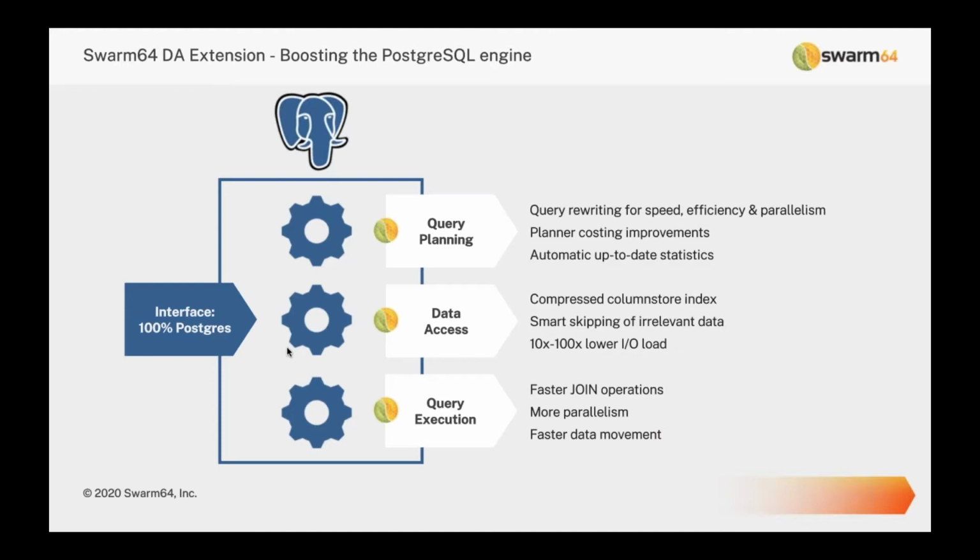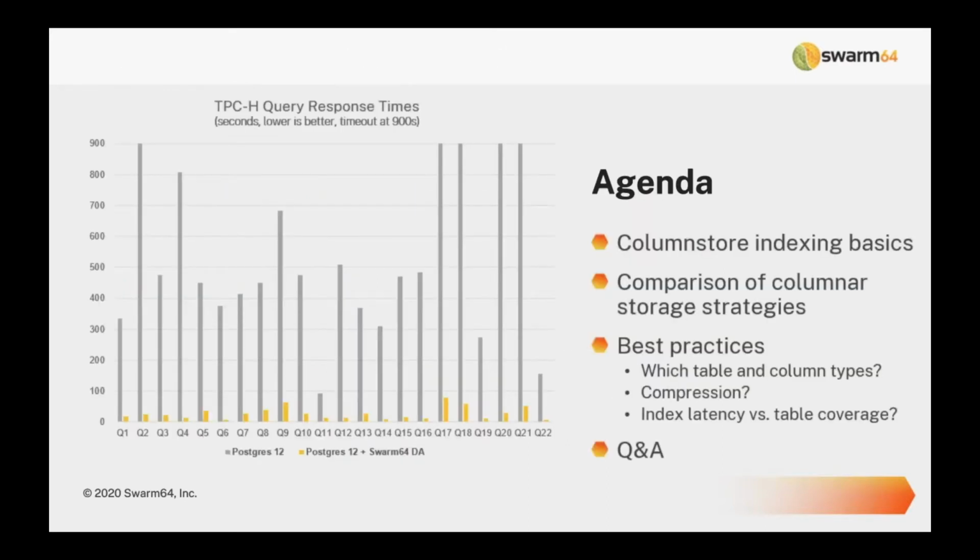In a nutshell, what Swarm 64DA does is accelerate the Postgres query engine by implementing more efficient join algorithms, enhancing parallel processing, much greater parallel processing, and more efficient query planning, statistics, and things like query costing, all of which really help Postgres perform queries anywhere from 5 times to 60 times faster, depending on your use case.